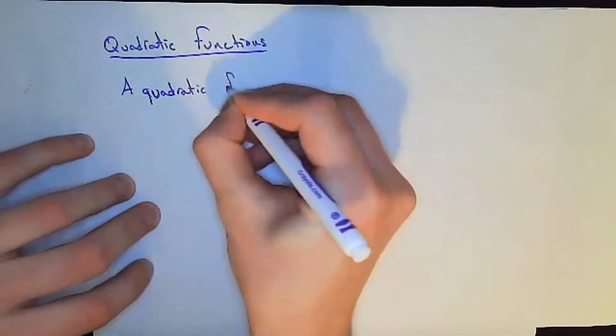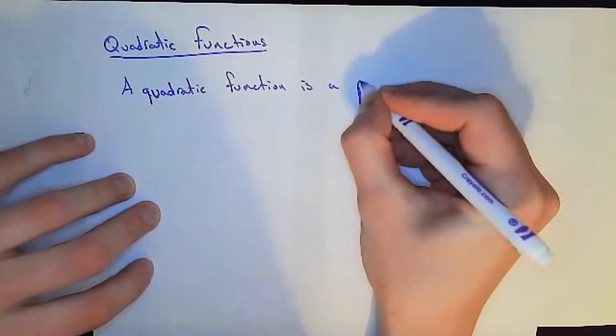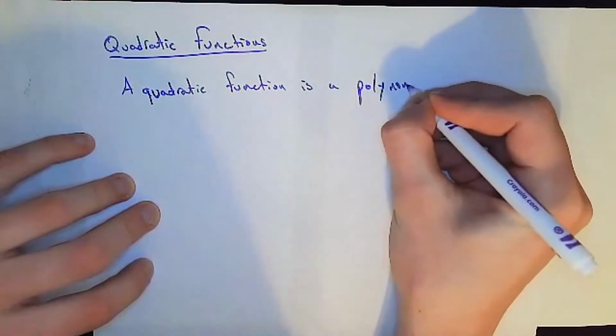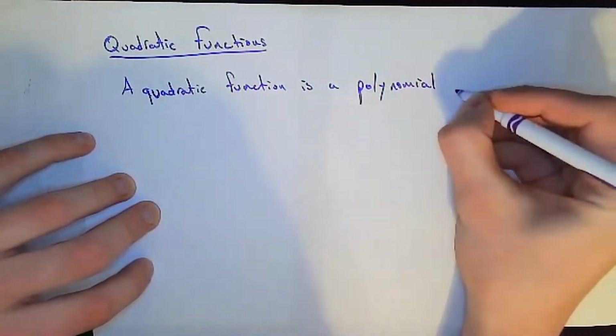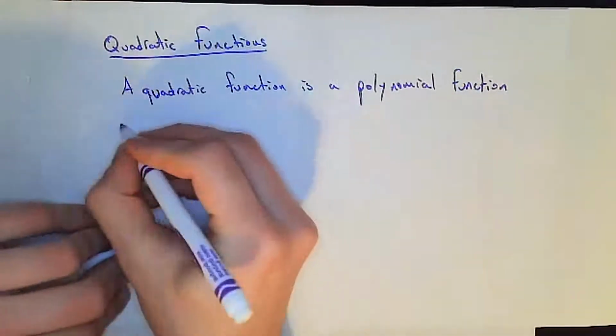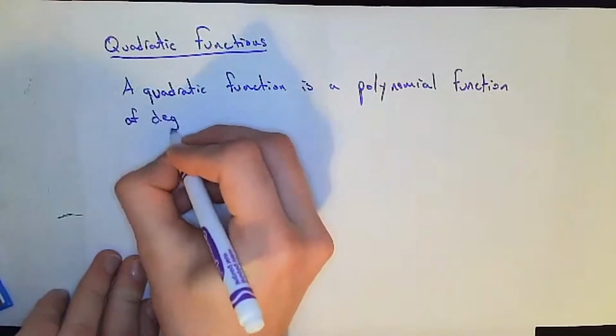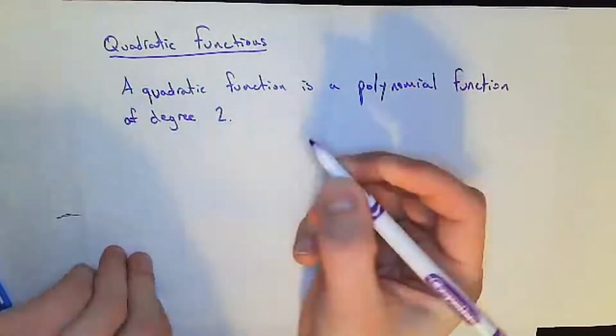A quadratic function is a polynomial function, so it falls into that category of things that I just wrote down a second ago, of course. It's just a special polynomial function that has a specific degree. Of course, the degree is 2.